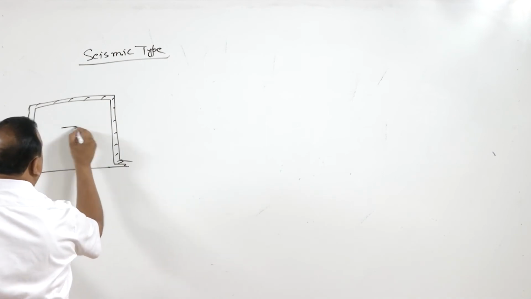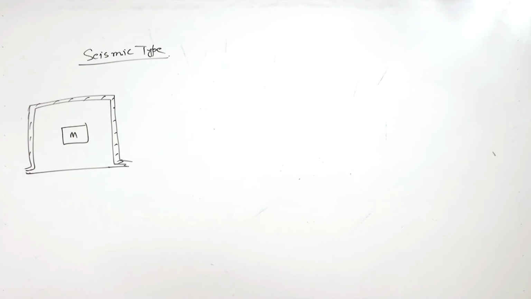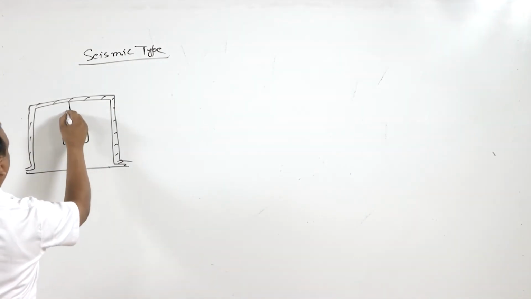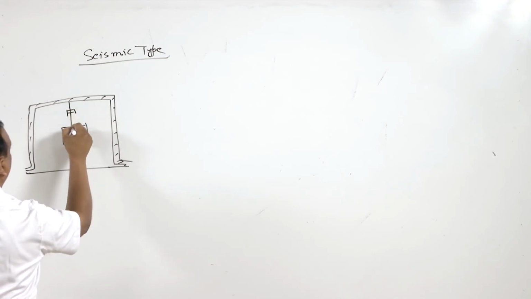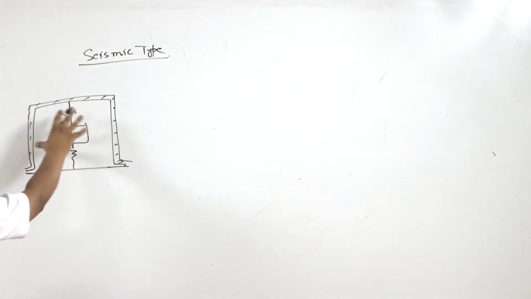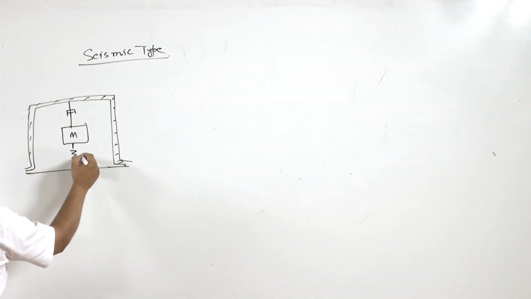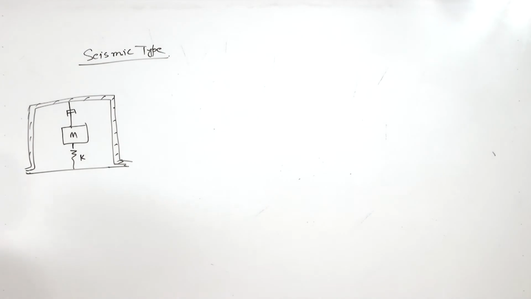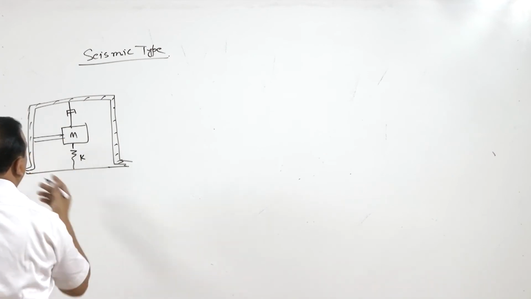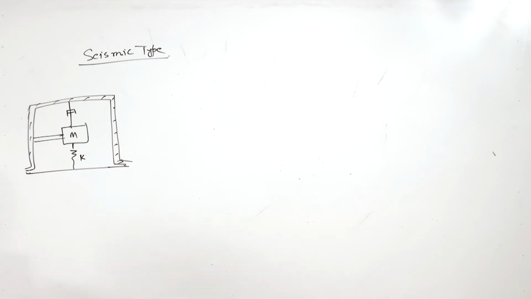It has a seismic mass m balanced on a spring and a dashpot. So there is a mass hanging in this accelerometer on a spring with some constant k and a dashpot, right? And for the measurement of displacement, there is an arrangement for the measurement of displacement x.